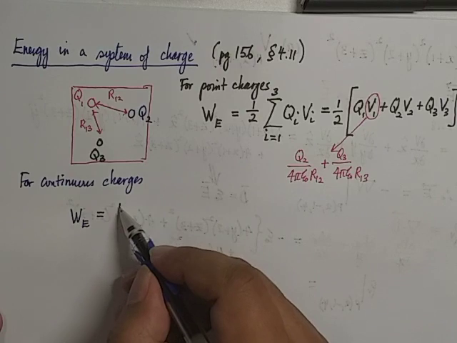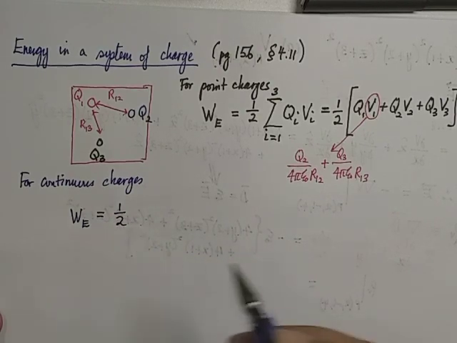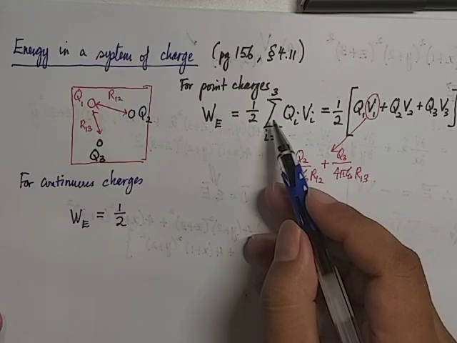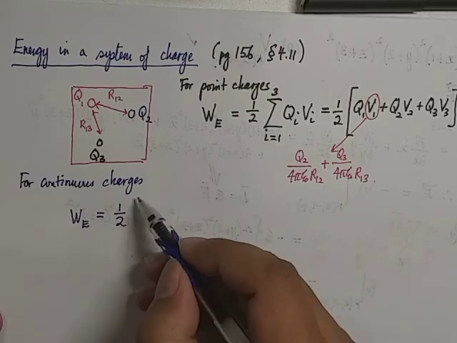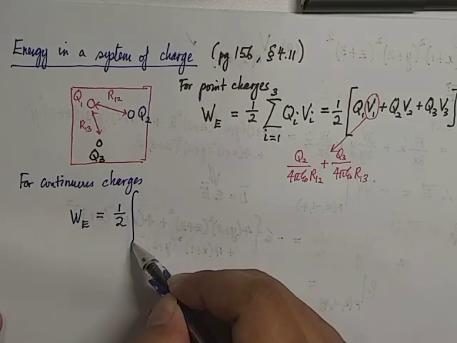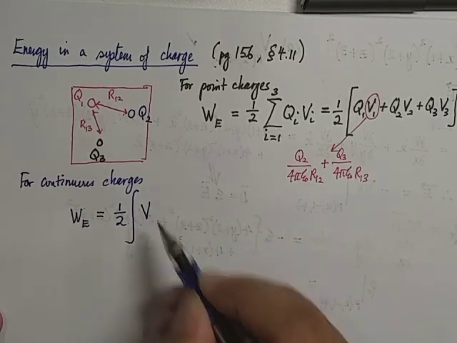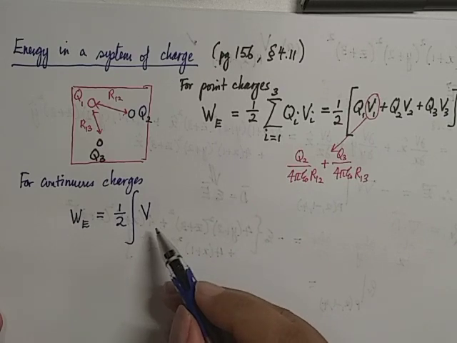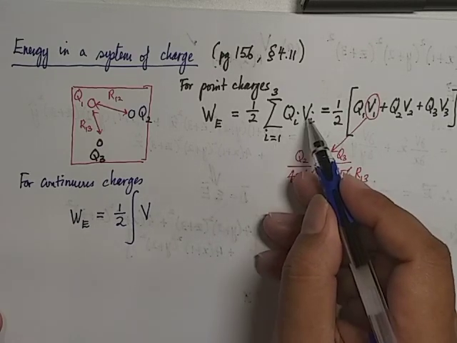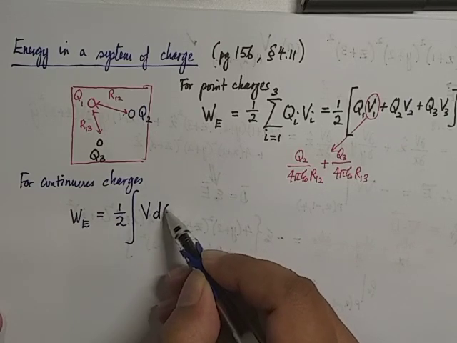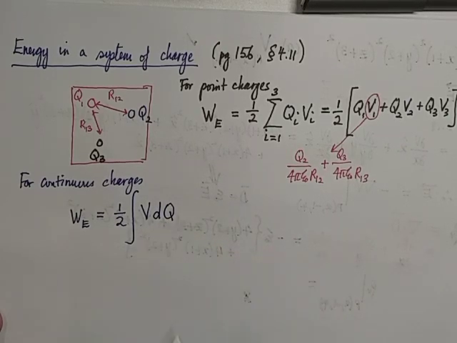So half is still there, but the sigma that is applicable for discrete point charges needs to be changed to an integral because we are dealing with continuous charge. Then the V, now the V is not volume here, the V is the absolute potential, and the charge is represented by the sample dq.